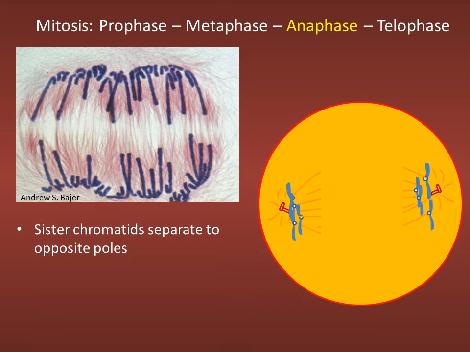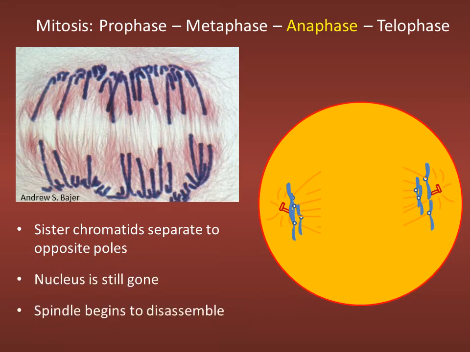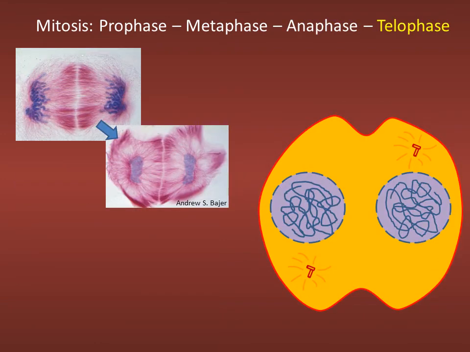So those sister chromatids separate. That marks anaphase. The nucleus is still gone in this phase. And you also see that the spindle will begin to disassemble. We'll start to immediately have the spindle fibers retract back towards either side of the cell as soon as the sister chromatids have been pulled apart.